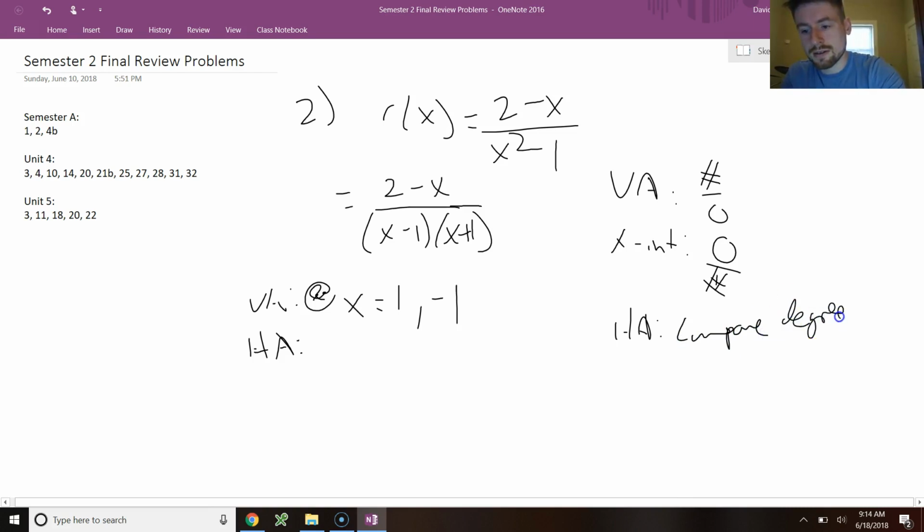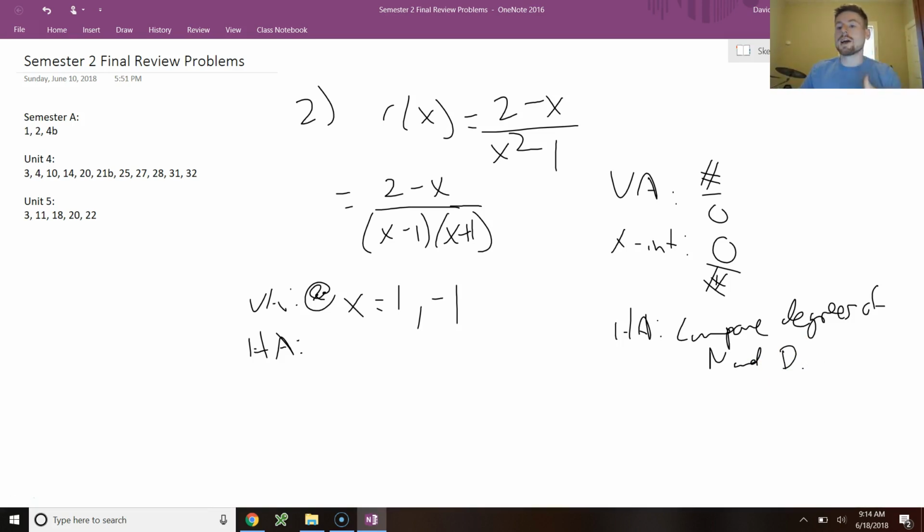So for a horizontal asymptote, compare degrees of n and d, the numerator and the denominator. If they have the same degree, they grow at the same rate, and so you just take the ratio of leading coefficients, whatever the two numbers are. If the numerator's got a greater degree than the denominator, you simplify it, and then you look at that polynomial.